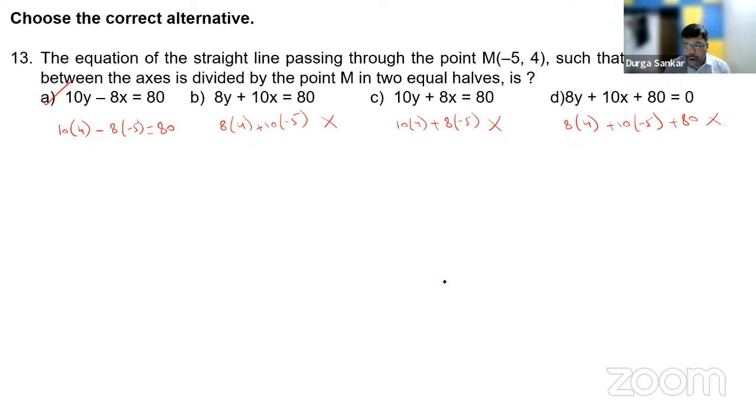Now I am talking about a line passing through -5, 4 and intersecting the x-axis and y-axis, right? -5, 4 is a point in the second quadrant. So let me say this is M, -5, 4.